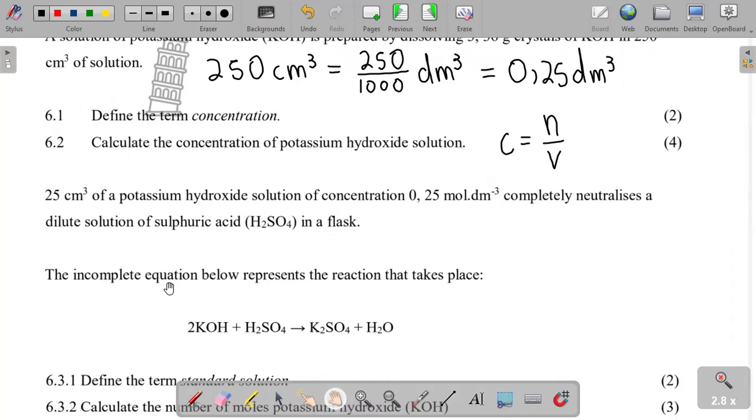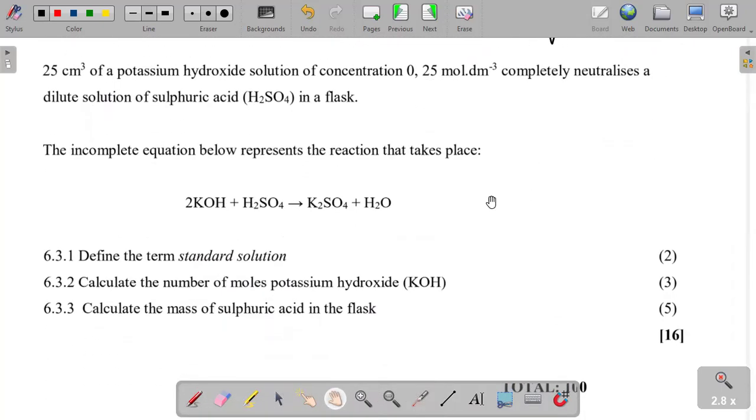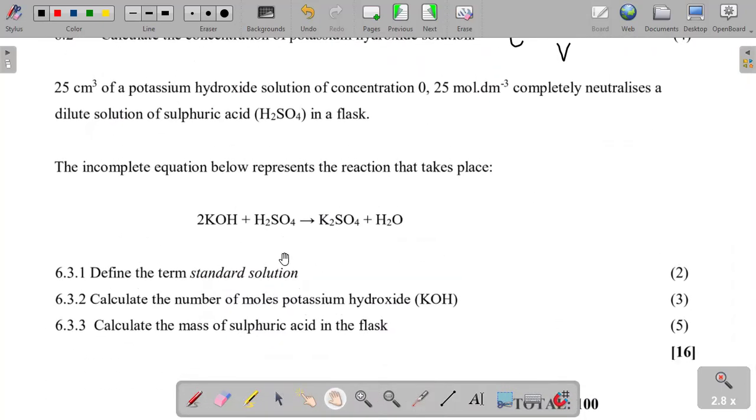The incomplete equation below represents the reaction that takes place. Okay, this is what happens here. This is what they gave us.